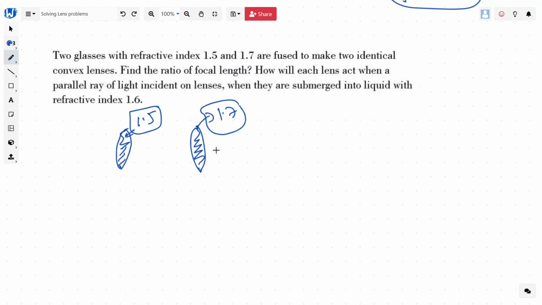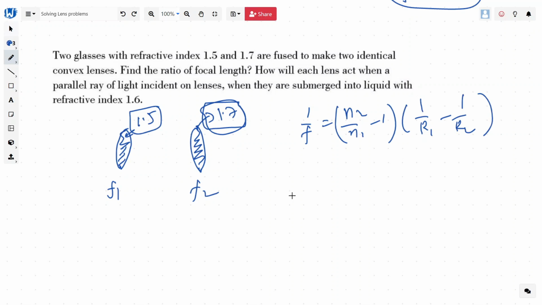Now we have to just first find the ratio of focal lengths. So let's call the focal lengths F1 and F2. Now how do we find a focal length? Simply using the lens maker formula, which is that n2 by n1 minus 1 is going to be 1 by r1 minus 1 by r2, right? And we just have to find the ratio of F1 and F2, which means this is going to cancel, right?